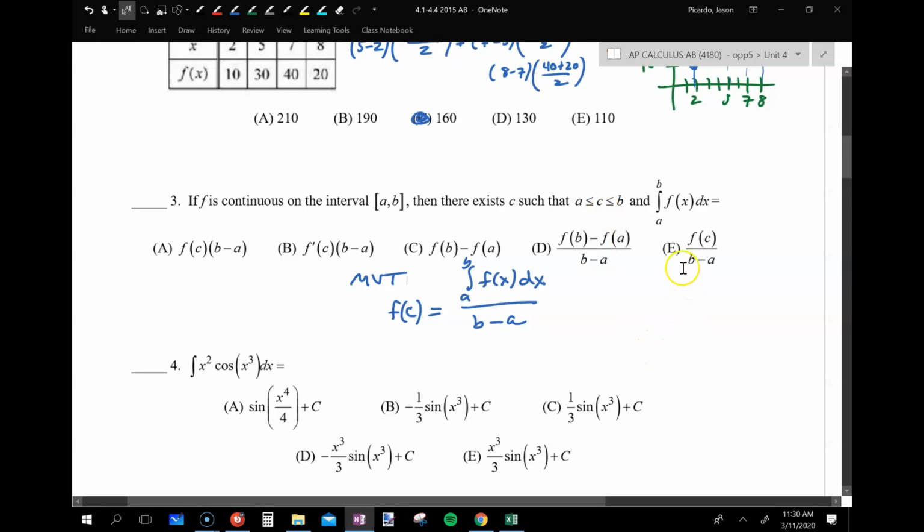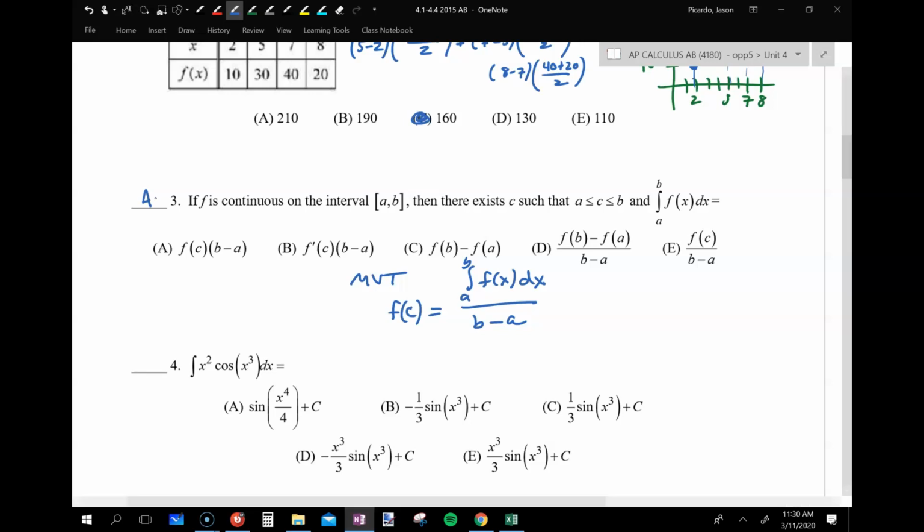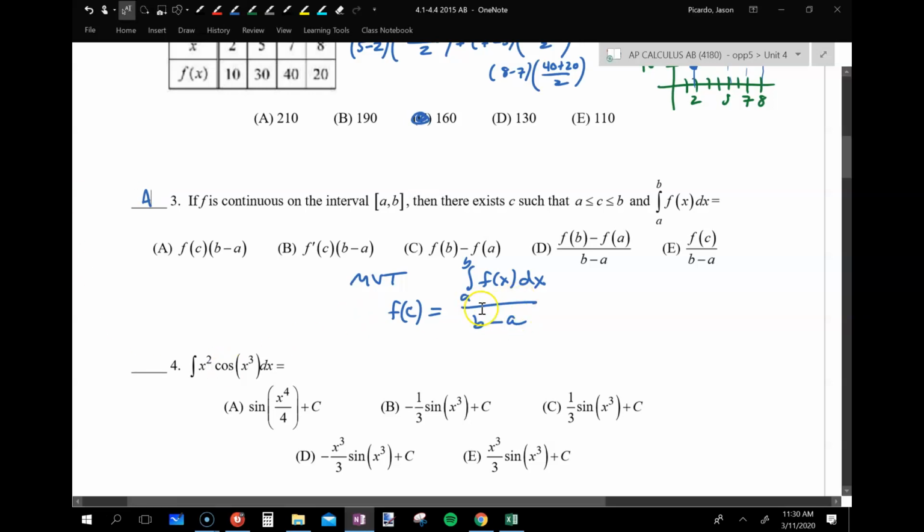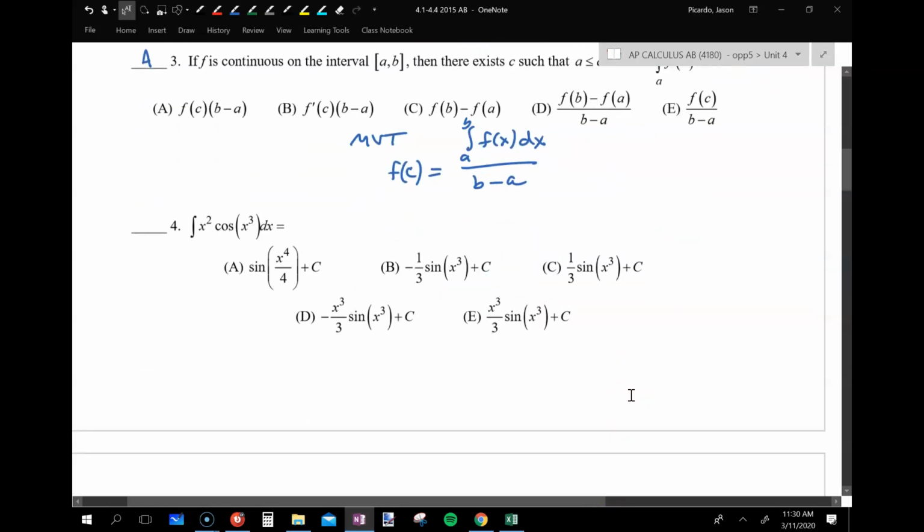And so if you actually solve this by multiplying both sides by b minus a, we get choice A. Yep, I just literally said that I could multiply by b minus a. And so now it would say f of c times this equals what we were trying to solve for. Good.